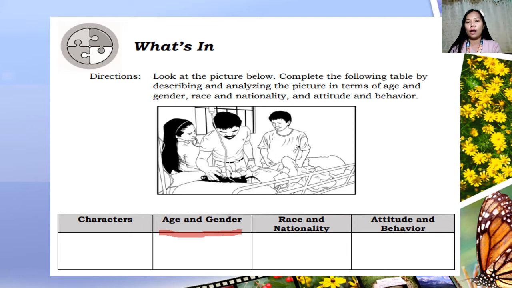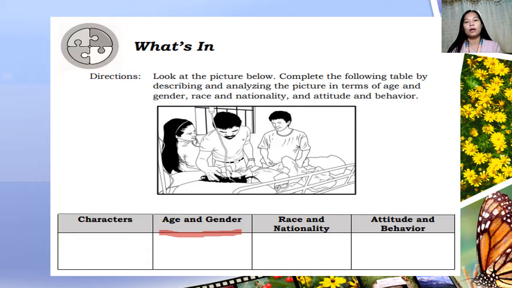But we have to be careful in giving the age range by looking at the features of the face of the character. For example, if the character has wrinkled foreheads or grayish hair, then we can say that the person might be 50 to 60 years old.